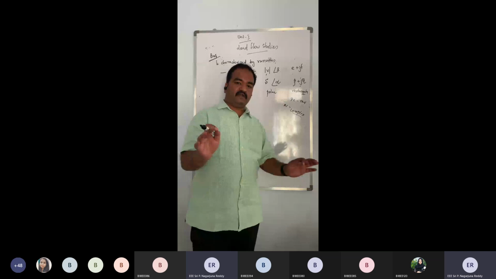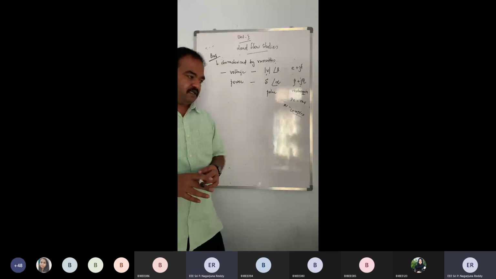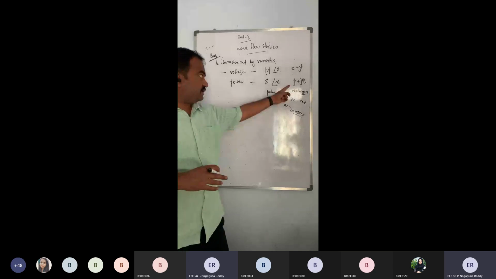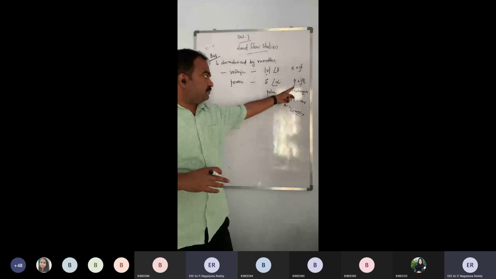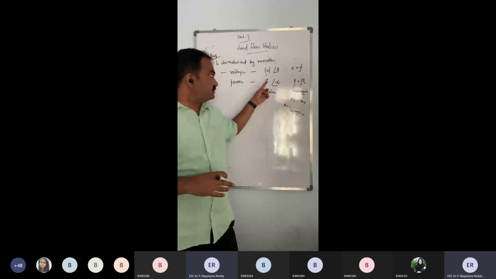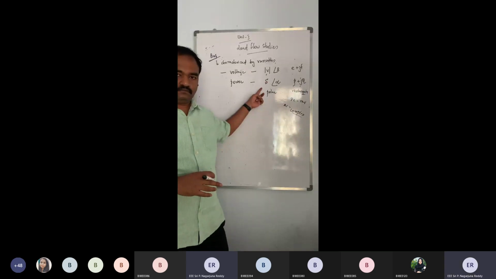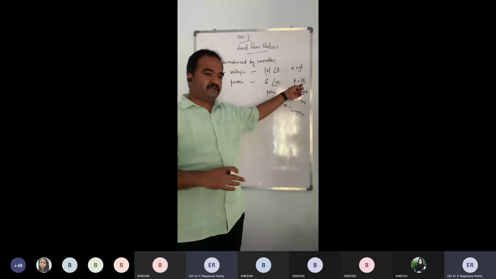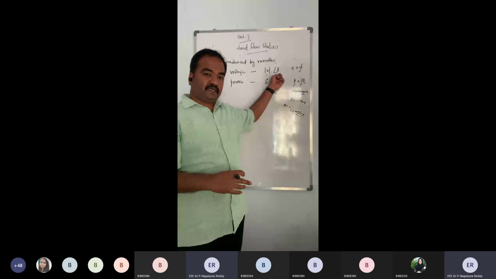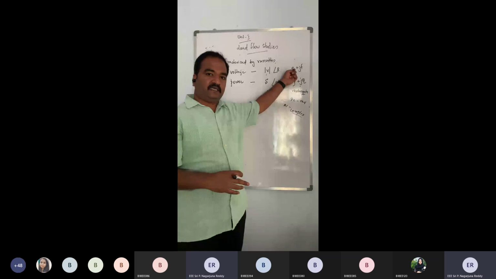Whenever somebody asks them what they mean by power, they will give some vague answer. Immediately you are supposed to ask whether it is an AC network. If it is an AC network, it will have two powers: active power and reactive power. Combined, it is called complex power, represented as S at an angle of alpha, P plus jQ. Similarly, voltage has magnitude and angle, and it will be represented as E plus jF.